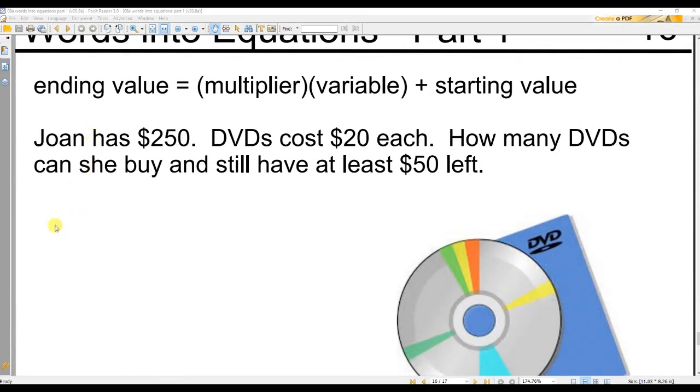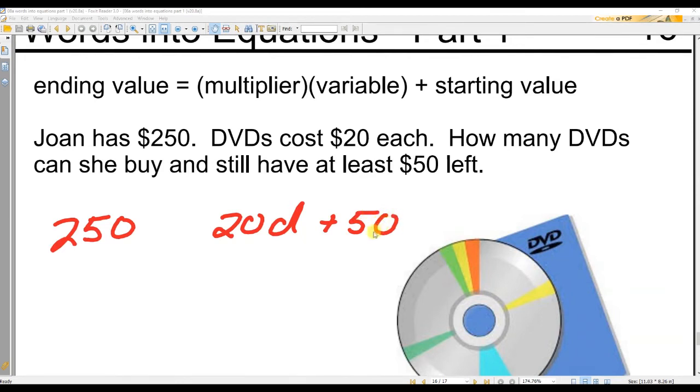She's got $250. DVDs are $20 a piece. And she wants to, let's see, have at least $50 left, so she wants to stay under this, doesn't she?